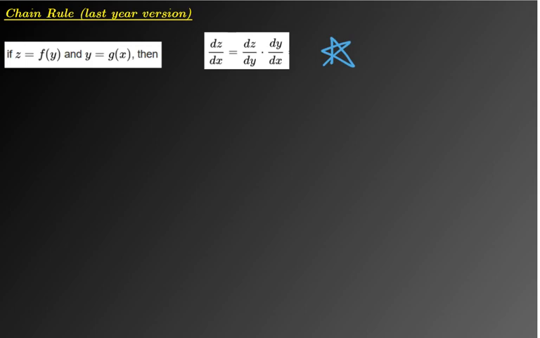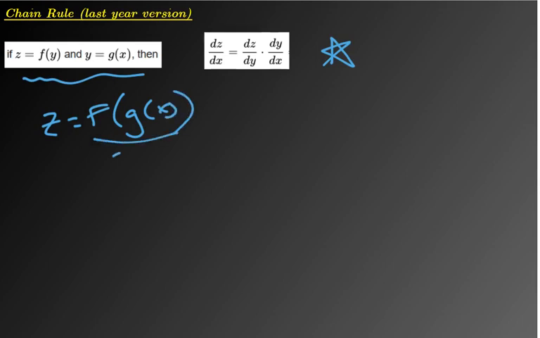A lot of times when you see chain rule in a Calc 1 class, you'll see it this way. They say z equals f of y, but then y is some function of x. So you truly have some sort of composition. And when you have composition, that implies that you need a chain rule.